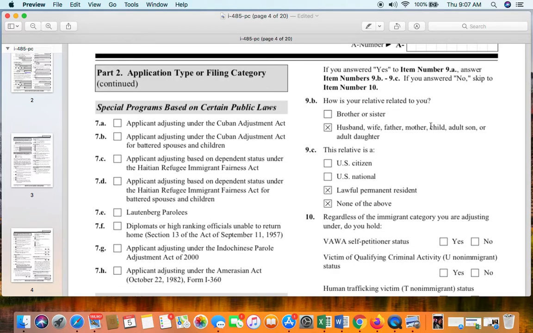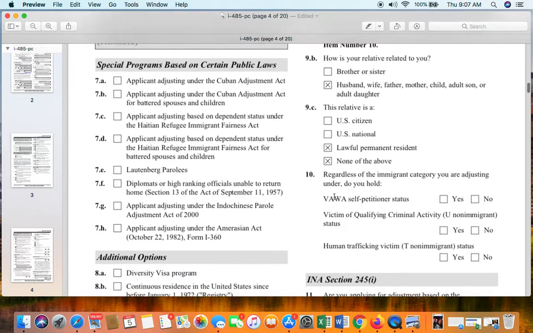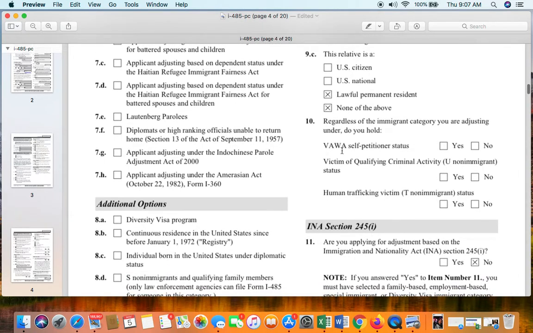So the principal was your mother, so it was right here. This relative is a lawful permanent resident, because I am a lawful permanent resident, I'm just going to put an X on it. So regardless of the immigrant category you are adjusting under, if you are a VAWA self-petitioner, you can put yes on it. If not, you can just leave it blank or no.